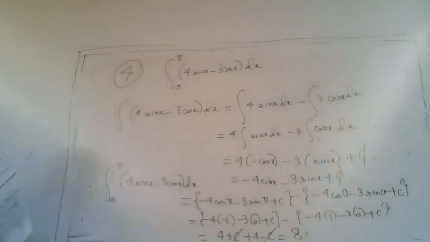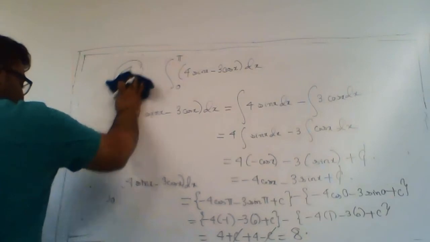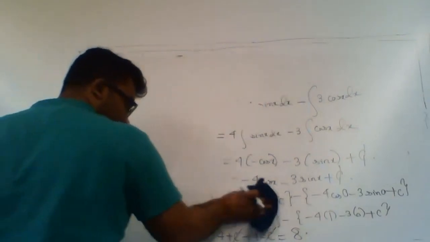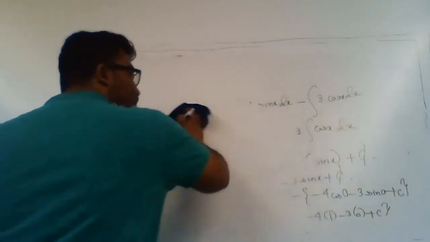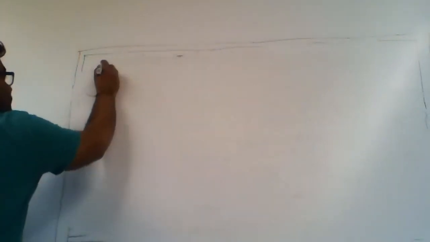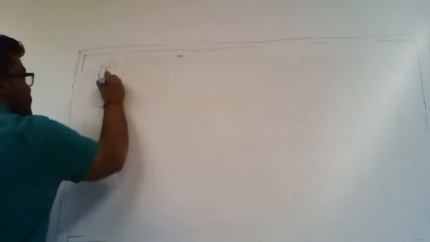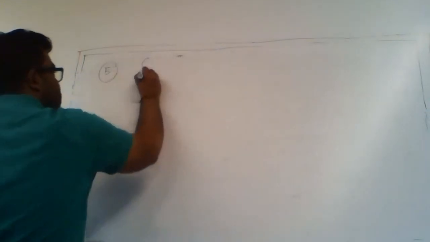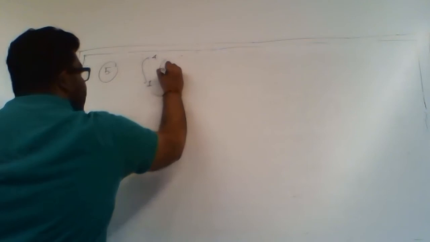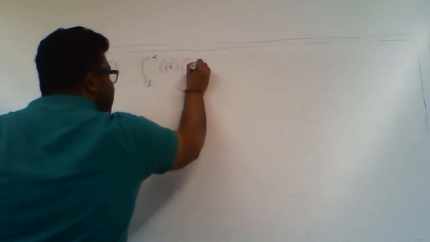Let's take the next problem now. Integral from 1 to 4 of square root of x times 1 plus x dx.